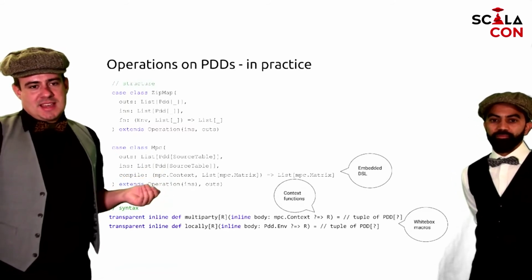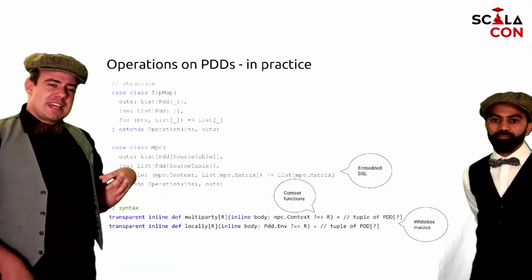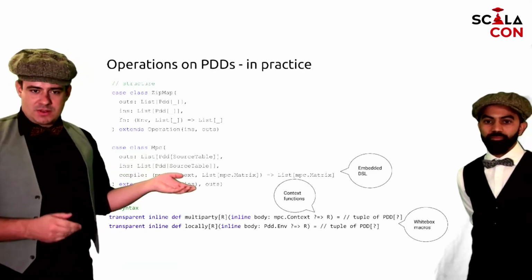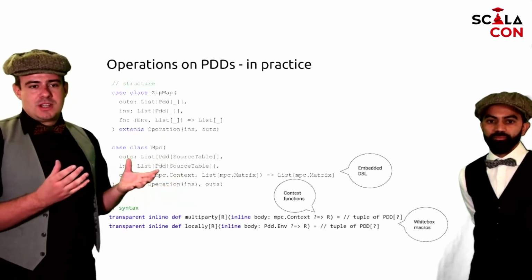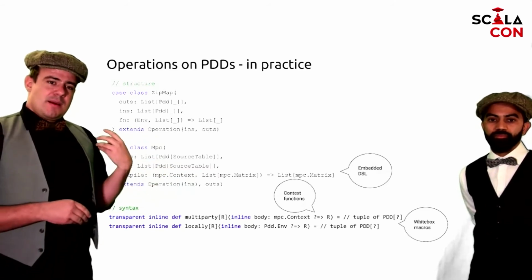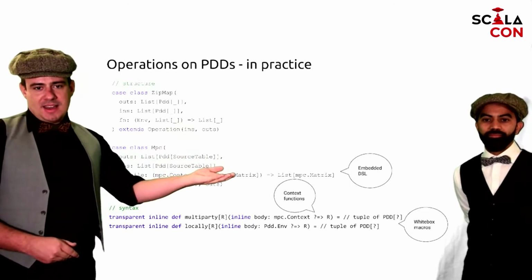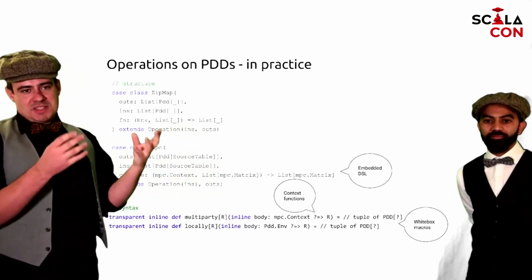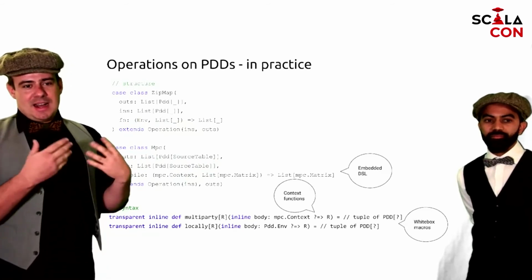What is this representation? It's a function that takes some MPC context, which will be defined later, and a list of inputs, this time viewed as another object, so not as a PDD directly, but as a representation in the MPC domain, and gives us back another list of MPC objects, which will then be returned as new PDDs.